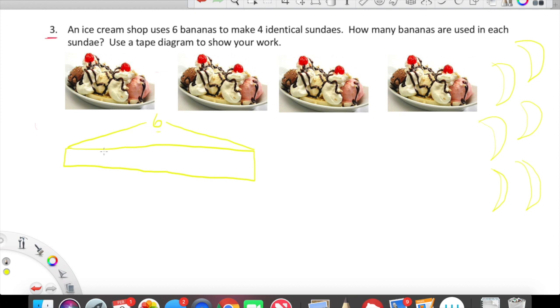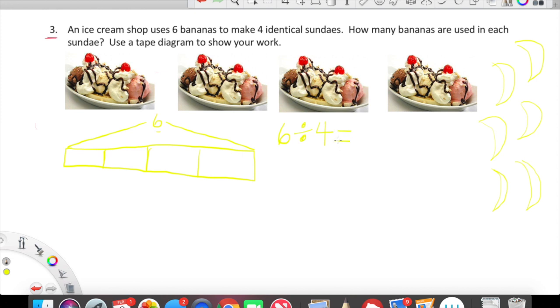How are we dividing those bananas? We're dividing them equally across 4 ice cream sundaes. The expression that supports this delicious problem is 6 bananas divided by 4 ice cream sundaes.